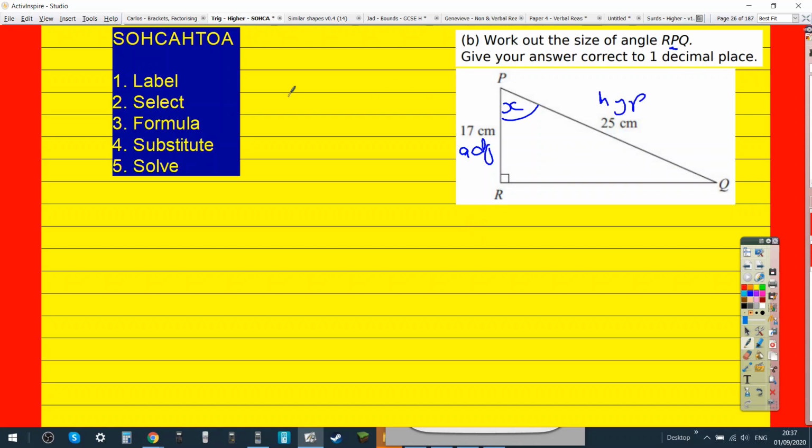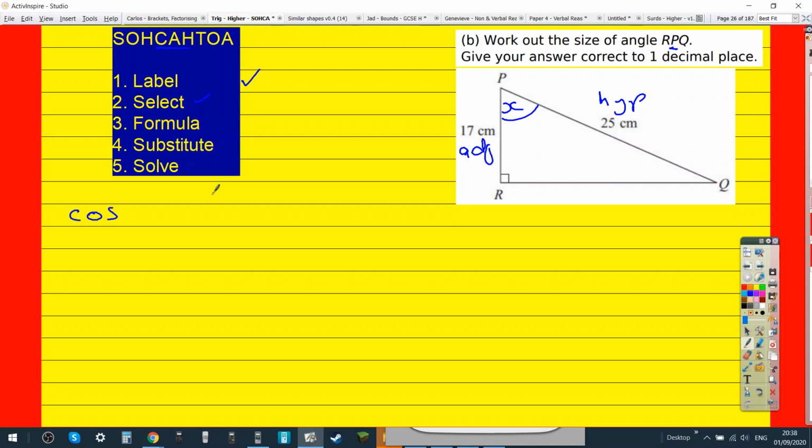So this one would be cosine. Yeah, this one's cosine.